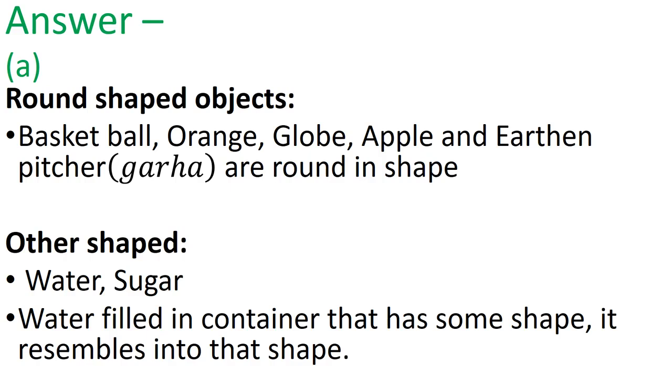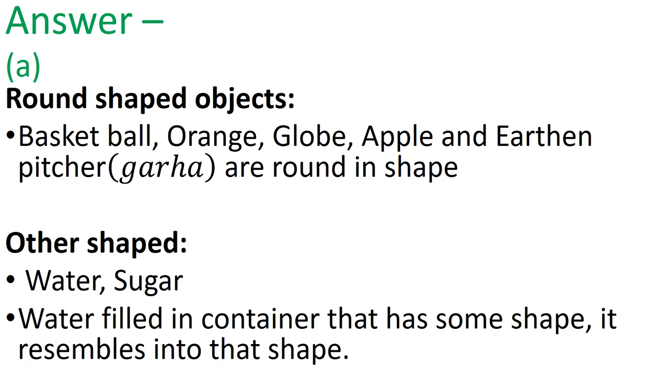First of all, let's answer the A part, in which it was asked to segregate the objects into round shaped and other shape. First, look at the round shaped objects.